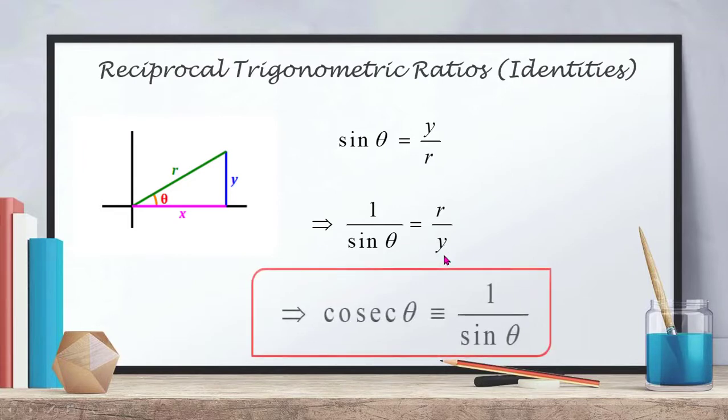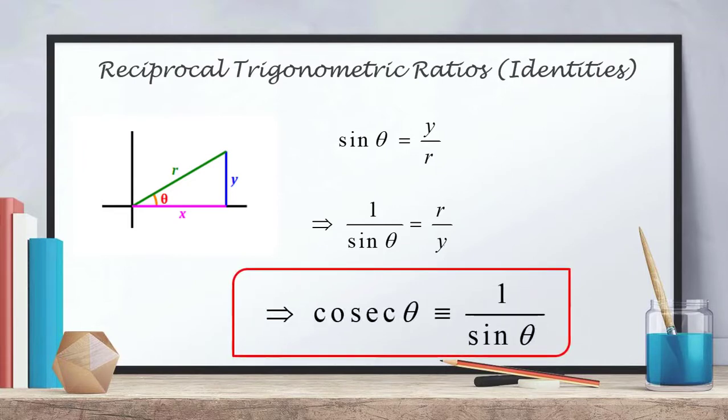Now this reciprocal is called the cosec of angle theta, and it is identical to 1 over sine theta. This is the first reciprocal trig identity that is so important to us in this study.